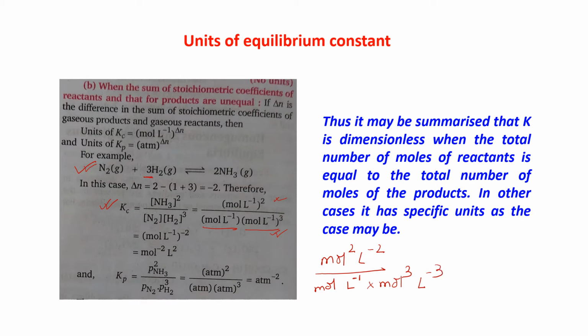Okay, now what we are getting here, mole square liter minus 2 divided by, this is mole and mole cube, so it is mole to the power 4, and this is liter minus 1 and this is liter minus 3, so it is liter minus 4.